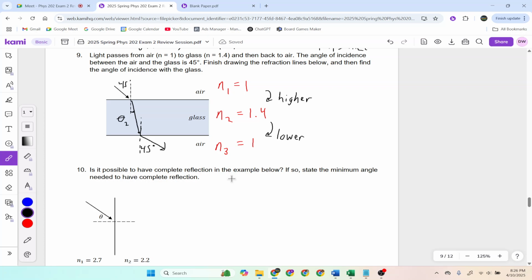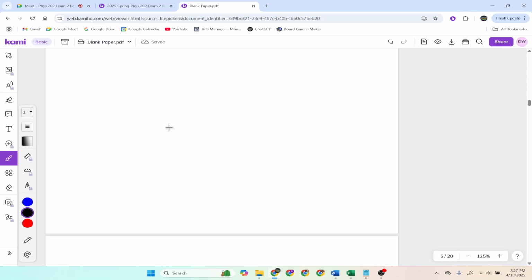Luckily, it's easy. I'm literally just using Snell's law. n1 sine theta 1 equals n2 sine theta 2. So n1 is air, we're saying, 1 times sine of 45 degrees equals n2, which is 1.4, and I ran out of room, so let me write it over here, sine theta 2.